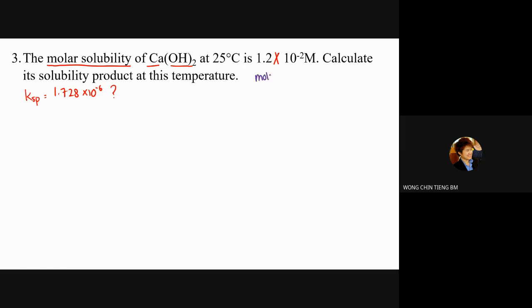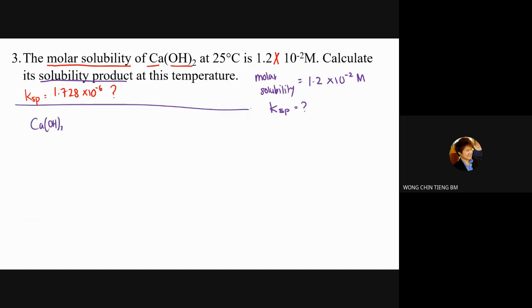So, molar solubility right now is given, in the concentration that we want. 1.2 times 10 to the power negative 2. This is the easiest question in solubility, by the way. The question is asking for the solubility product, so straight away I look for Ksp. For solubility questions, don't think too much. First, find the salt. Second, the equation. Third, the ICE table. And you will see it. So, the salt I have today is calcium hydroxide, solid.